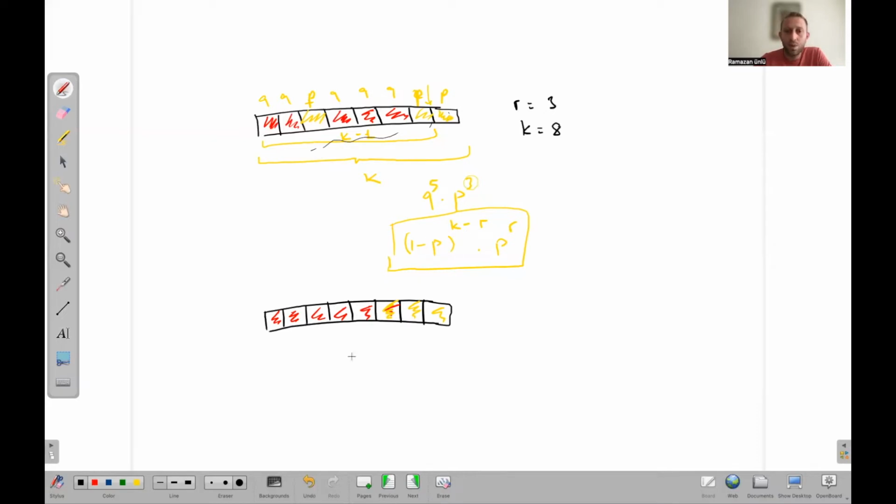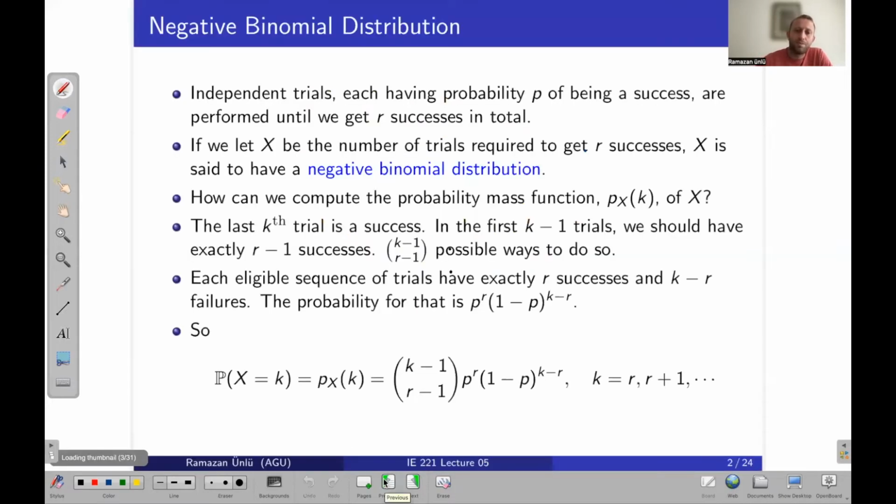So I can create k minus 1 choose r minus 1 different ways to get 3 successes. That's why this is the PMF of the negative binomial distribution. Okay, I hope that's clear.